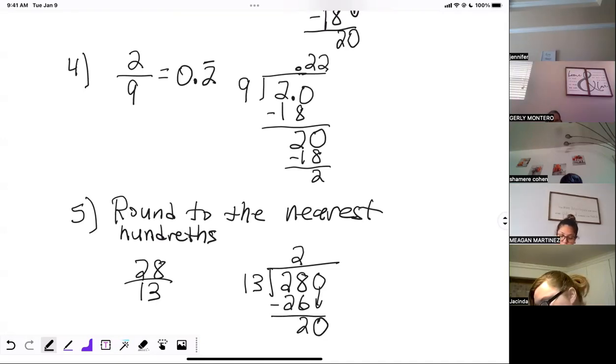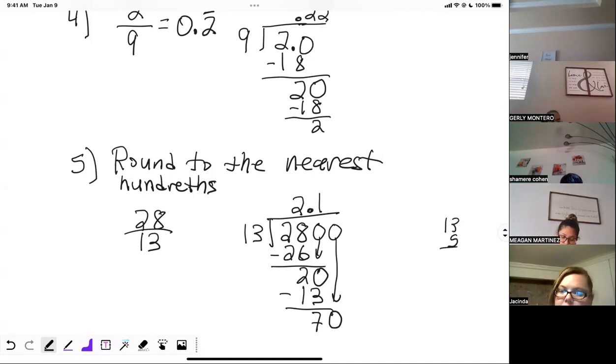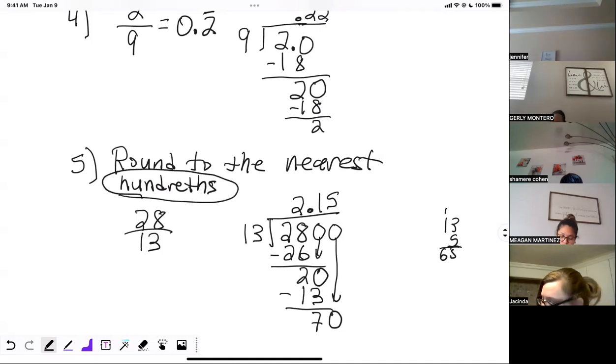How many 13s? Oh, that means I have a decimal here. How many 13s do I have in 21? I have 13. I subtract, I get 7. Then I can bring down my 0. How many 13s are in 7? I believe it's 5. 65, yes, 5. Now, keep in mind, we're rounding to the nearest hundredths. This is my hundredths.